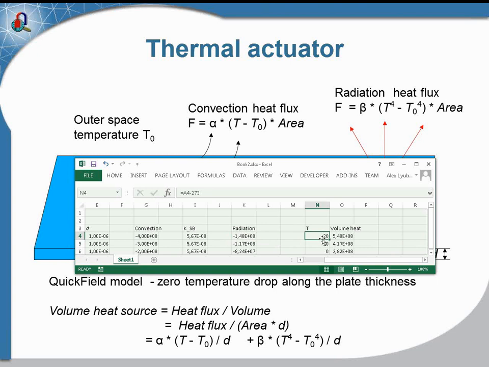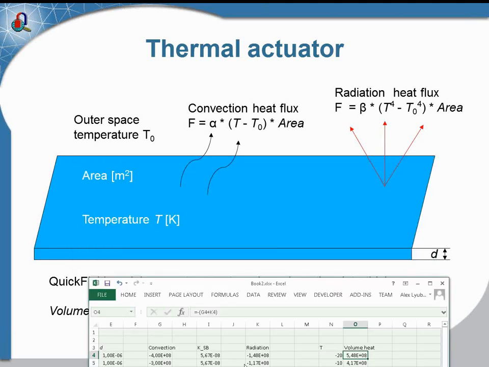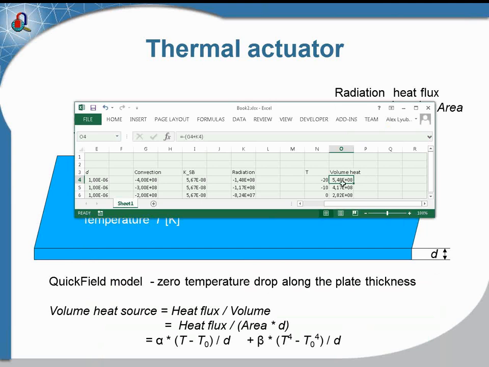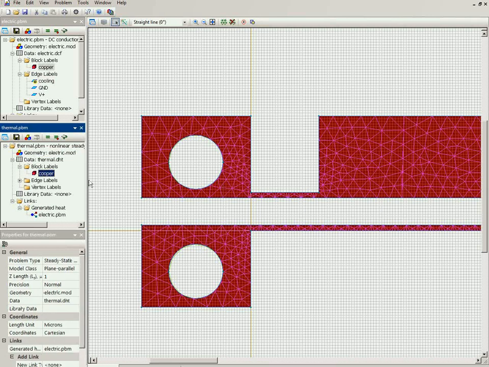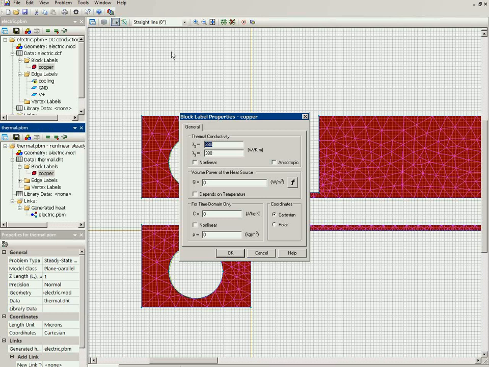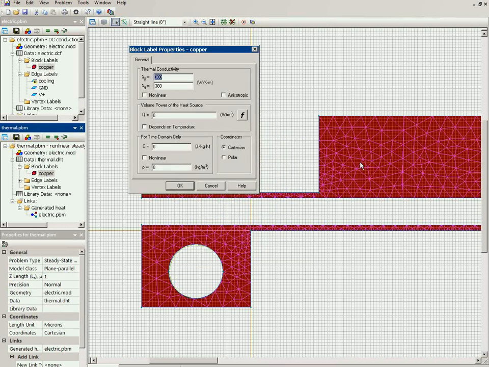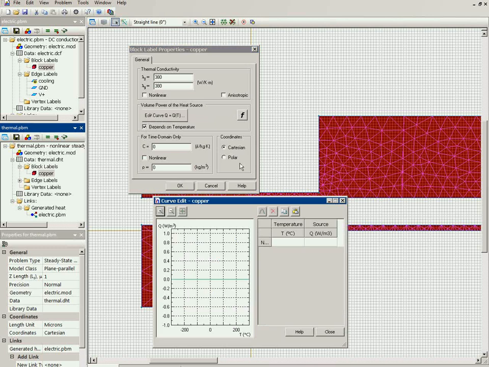And here is the temperature calculated in Celsius degrees. Now remember that we have two surfaces, top surface and bottom surface, and the heat flux I should multiply by 2. So in QuickField, for the copper, to take into account the convection and radiation from the top and bottom surface, I specify virtual volume heat source.